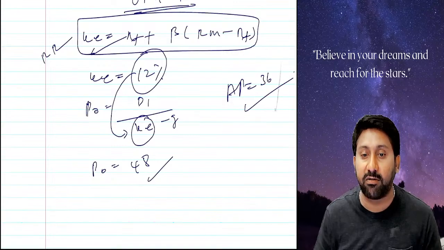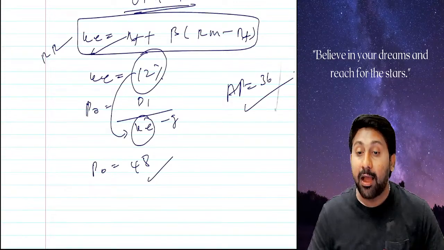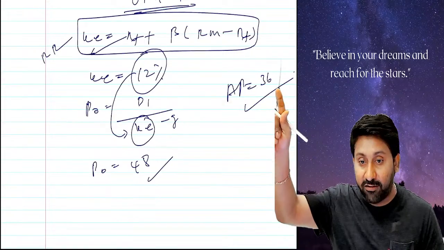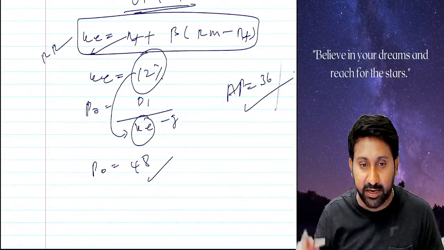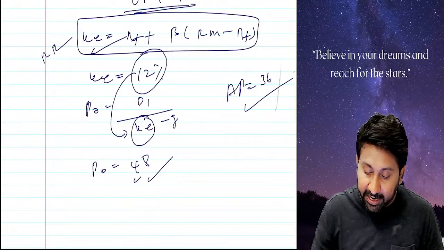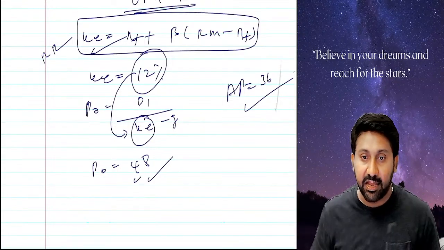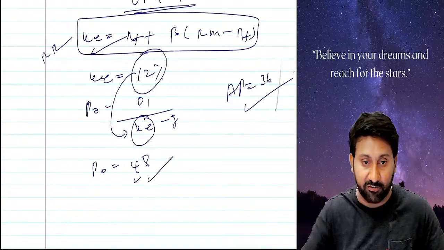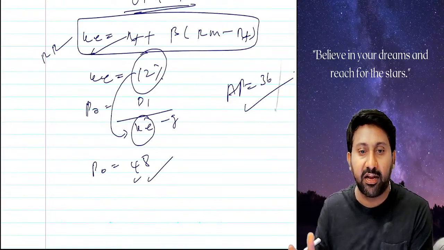But in the question, they have given 36. Means market is not expecting 12. What you are required to give is 12, but market is expecting differently. That's why price is not 48. When will price be 48? If really market is also expecting 12, then price will be 48.